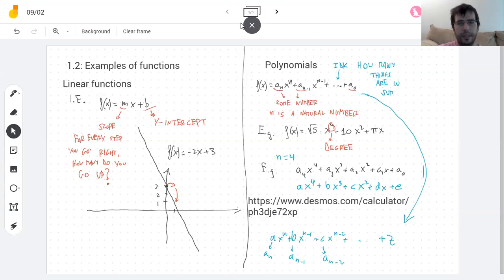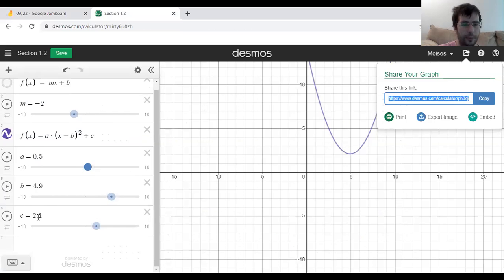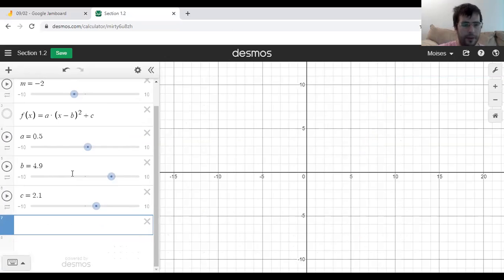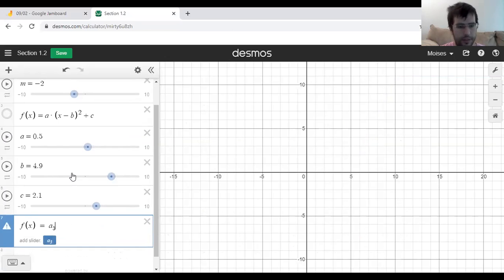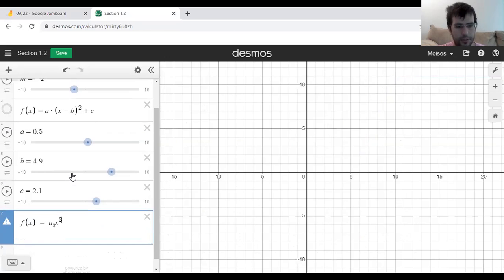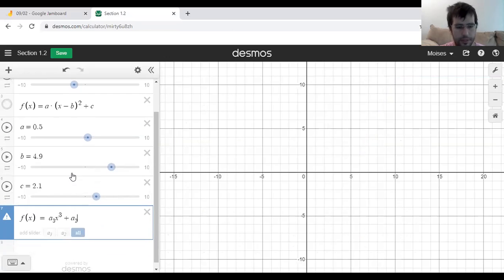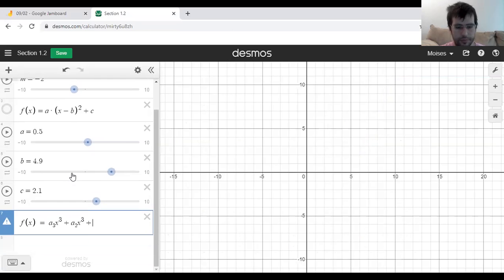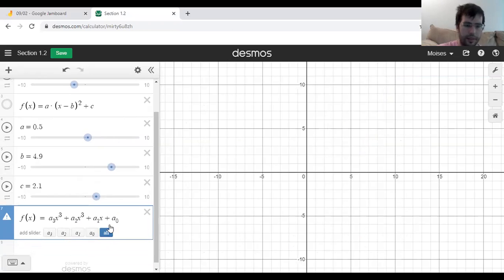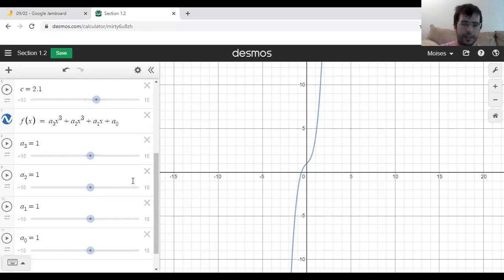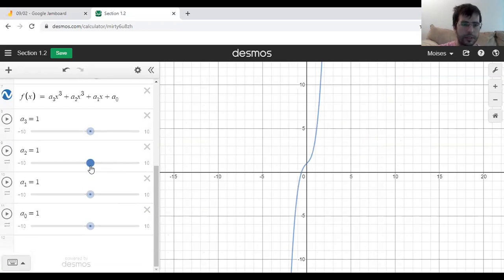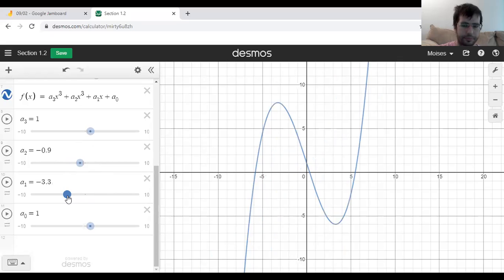So here if I write A3, the computer is smart enough to understand that I want a subscript. If I write this, the computer understands that what I want is to see 4 different letters.